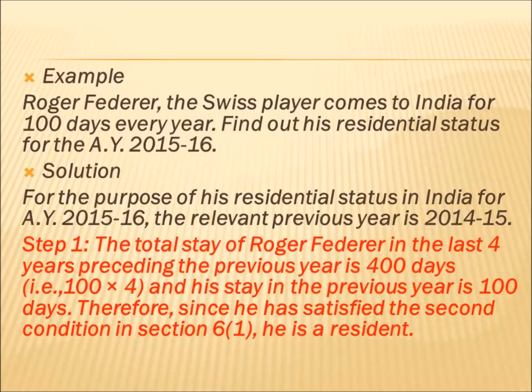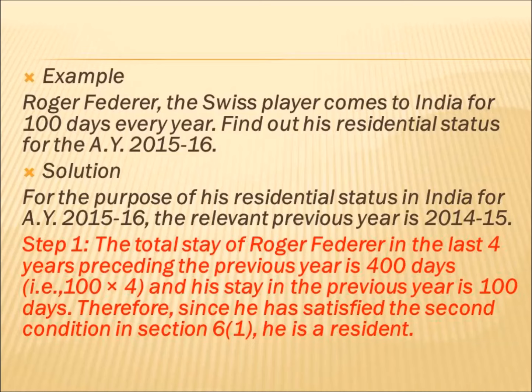And the next condition was he has been in India for a period of 60 days in the previous year. Since he had been in India for 100 days in the previous year also, the second condition is also satisfied. Therefore, since he has satisfied the second condition in section 6.1, he is a resident.